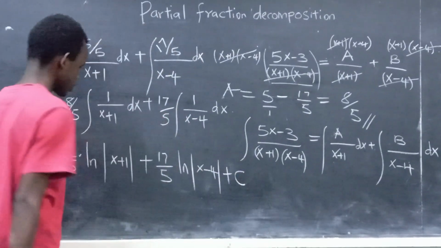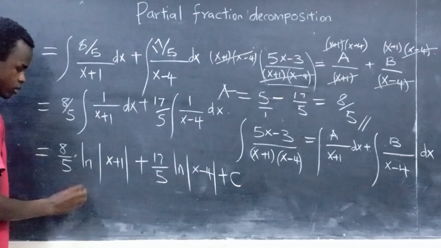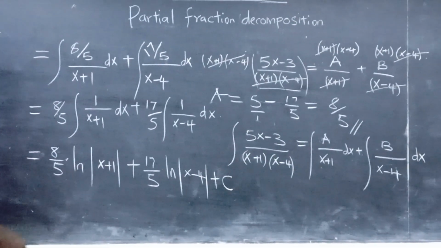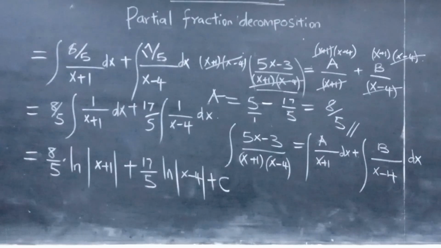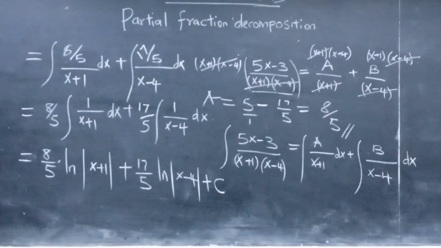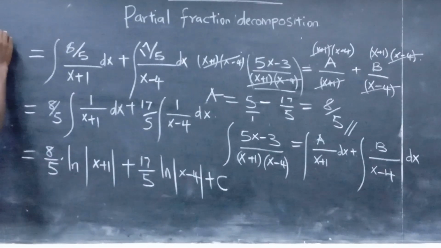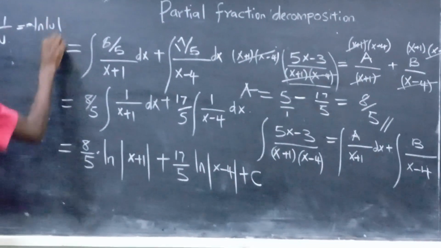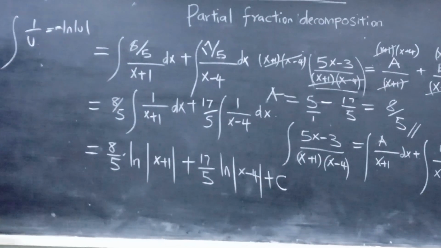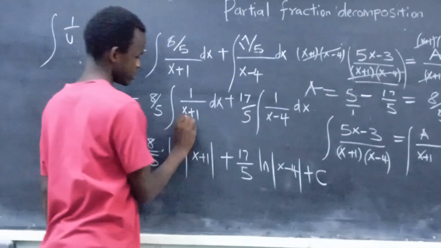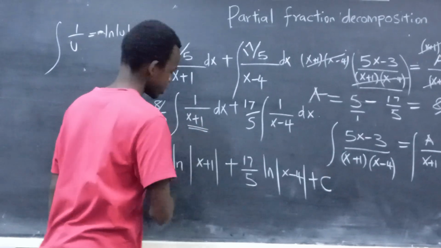So that's our answer. But why am I allowed to write ln of the absolute value? I'll try to explain that. Once you're given an integral, for example, 1 over u, we usually say its integration gives you ln of the absolute value of u, right? That only applies when you find the derivative of the denominator.